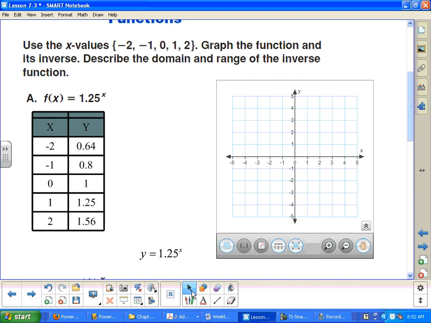So if we graph this function, we've got the points 0, 1; negative 1, 0.8; negative 2, 0.64; 1, 1.25; and 2, 1.56.